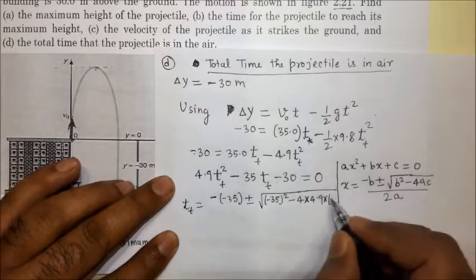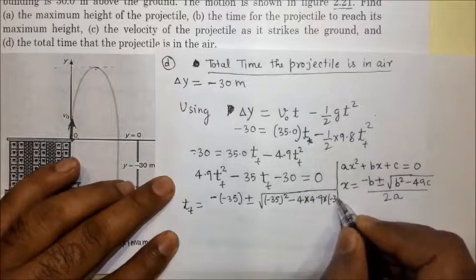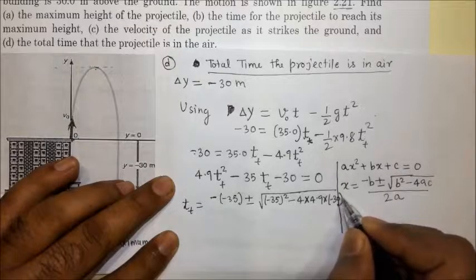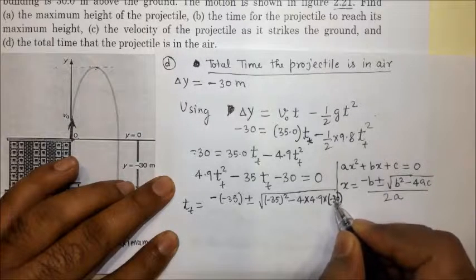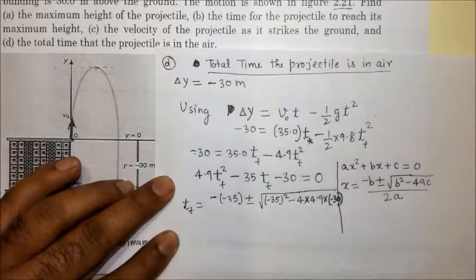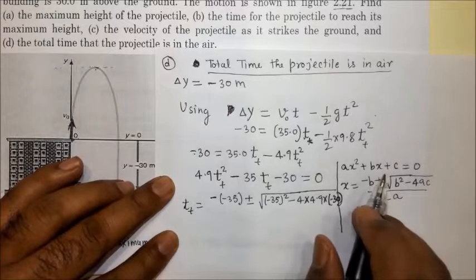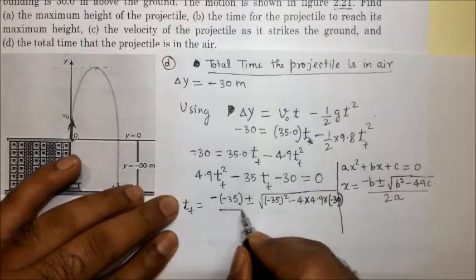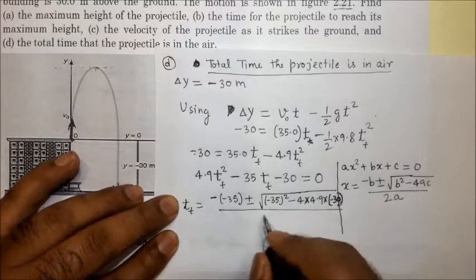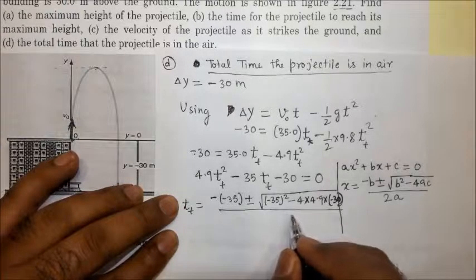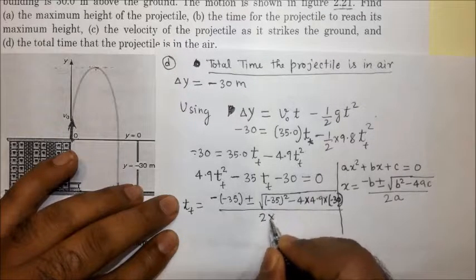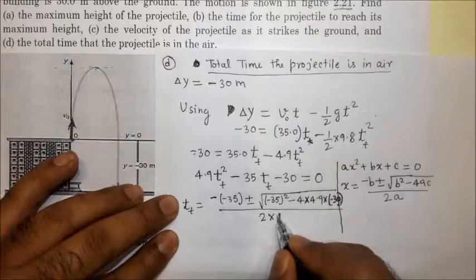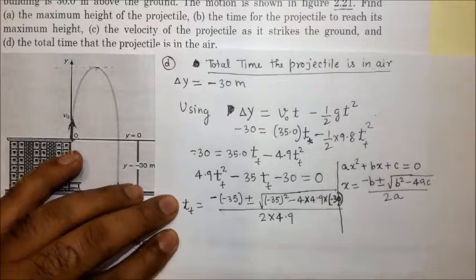Negative 30. Okay, this is negative 30, divided by 2a, 2 times a, a is 4.9, 4.9.